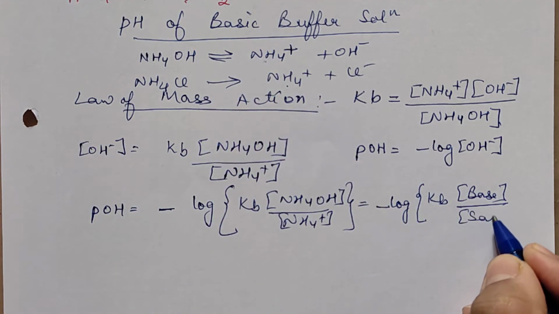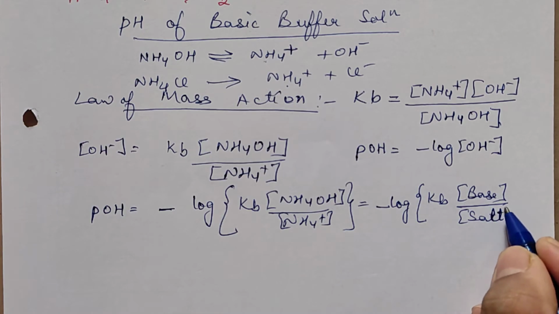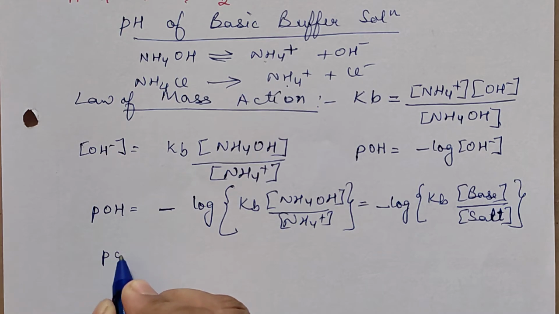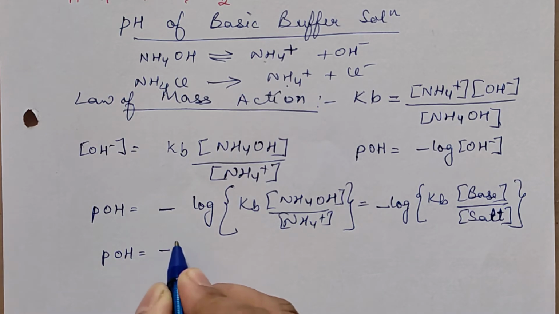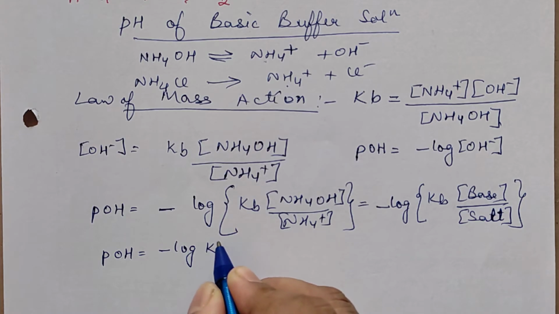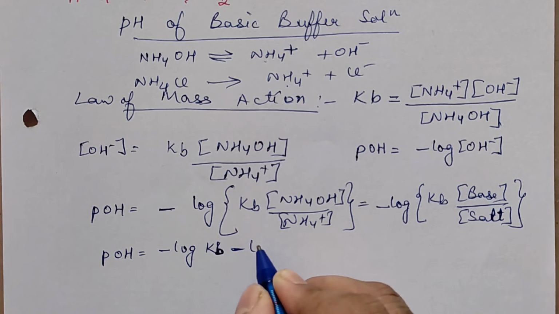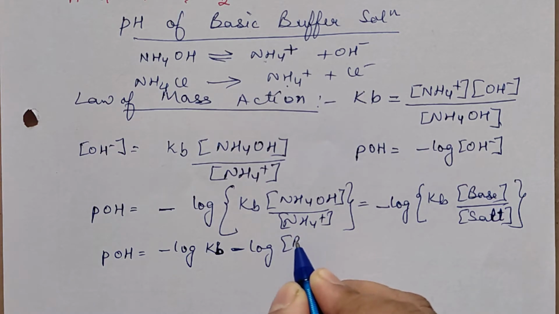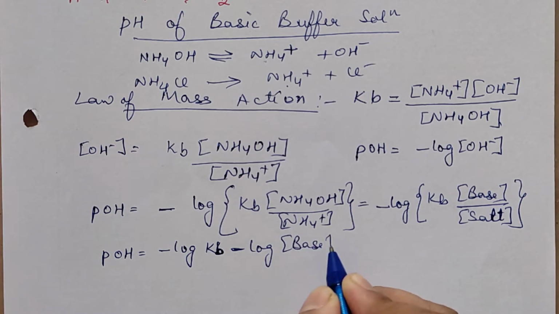So we can write the concentration of salt here, right? Now let us open this bracket. So what we will get now, pOH is equal to minus log Kb minus log of the concentration of base divided by the concentration of salt.